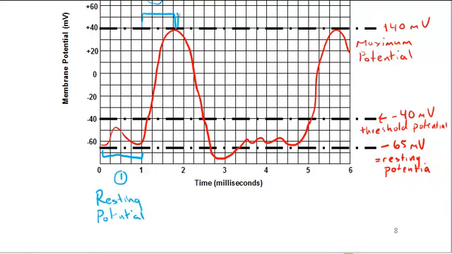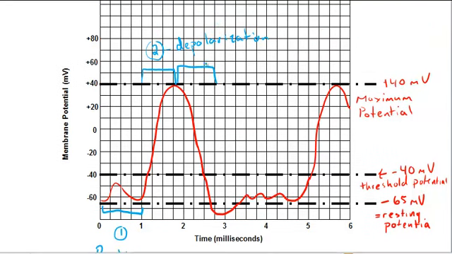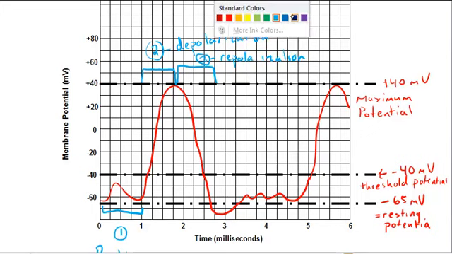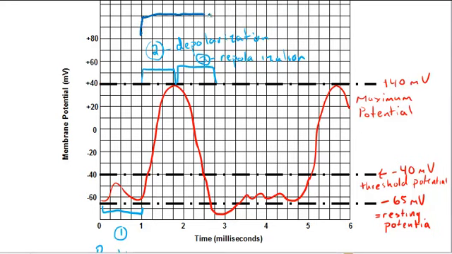From here to here is repolarization. And if you consider 2 and 3 together, that's called your action potential, because that's where the electrical signal is actually being sent along the neuron.